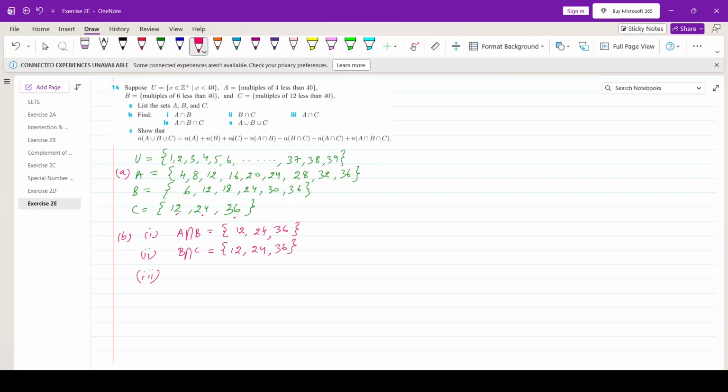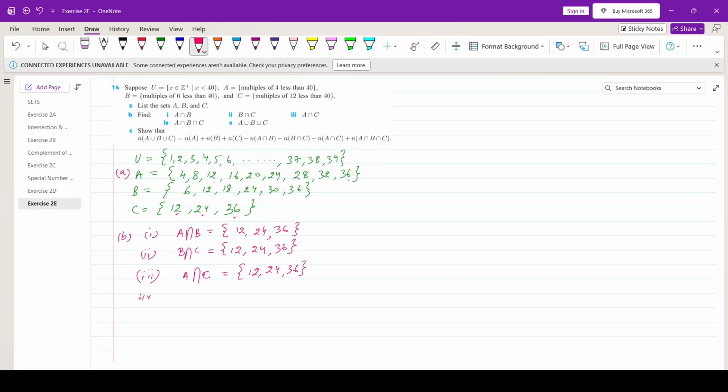So part 3 says A intersection C. That is 12 is present here, 24 is present here, 36 is present here. So this is 12, 24, 36.